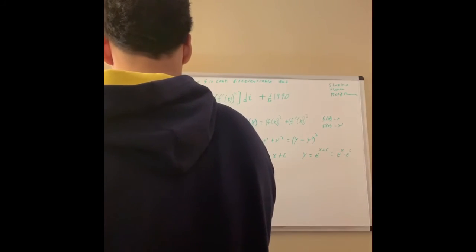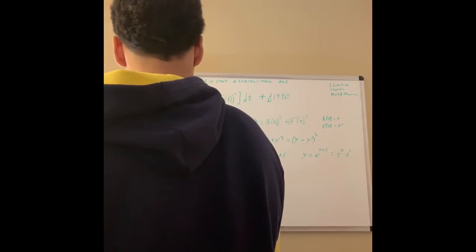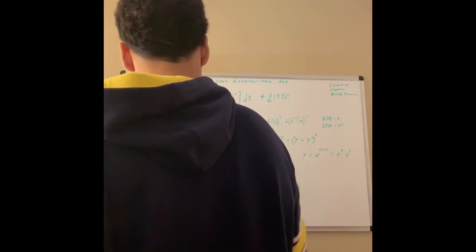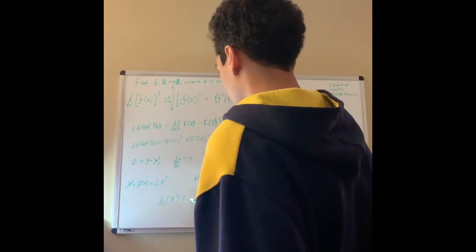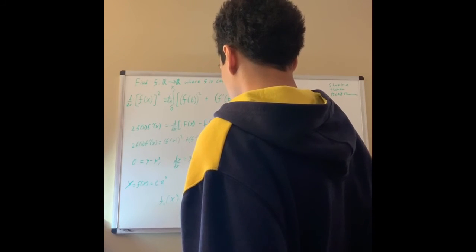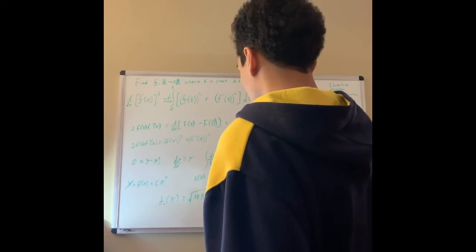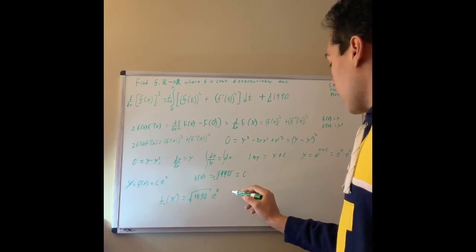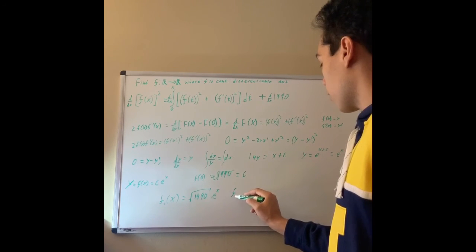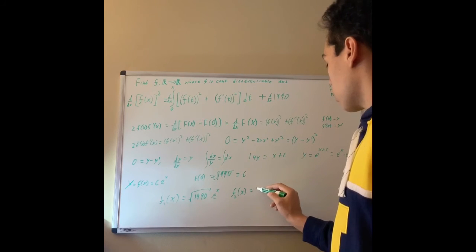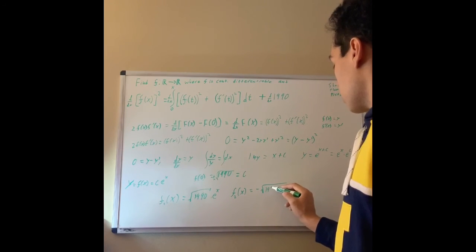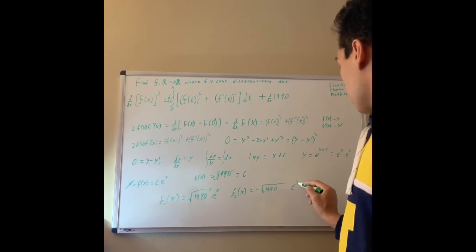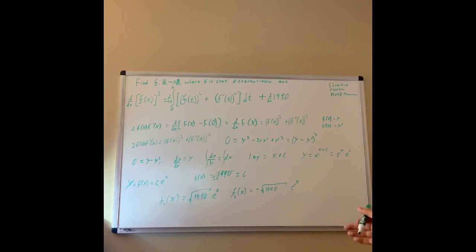So I think f1(x) is going to be the first one. I'll take the positive branch, positive square root of 1990 times e^x is going to be our first function that satisfies this relationship. And the second one, f2(x) = negative square root of 1990 times e^x. Sorry that square root was freaking ugly. But yeah, I think that's the right answer. I hope it is.